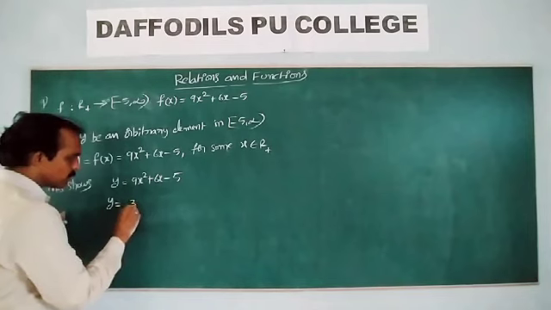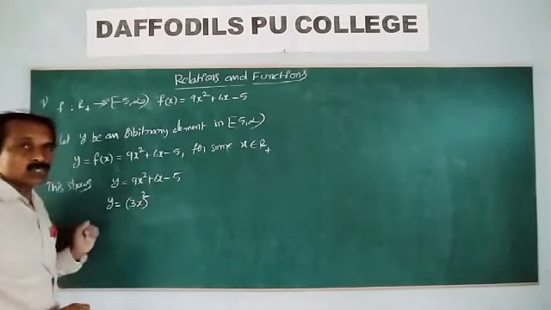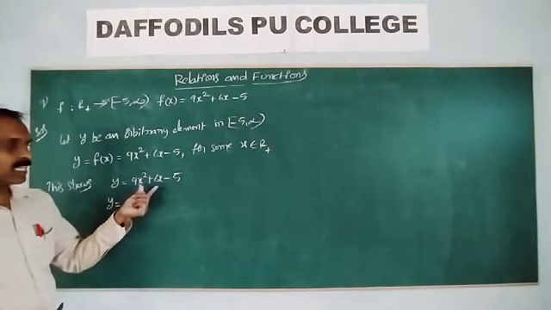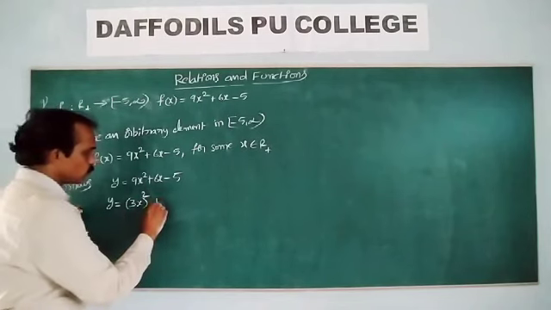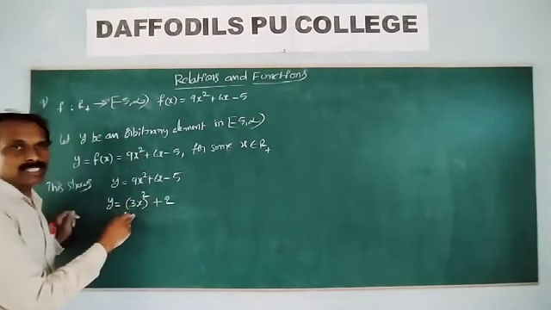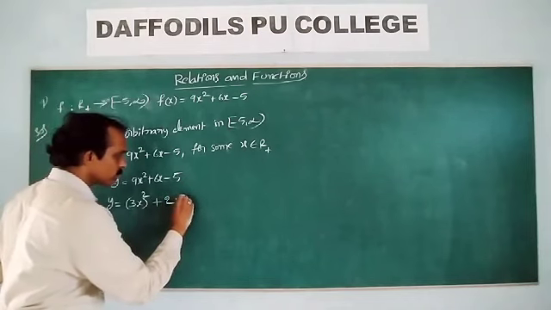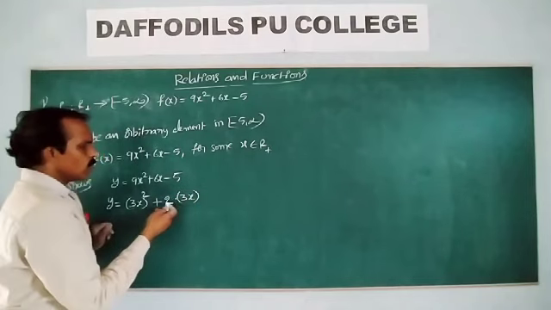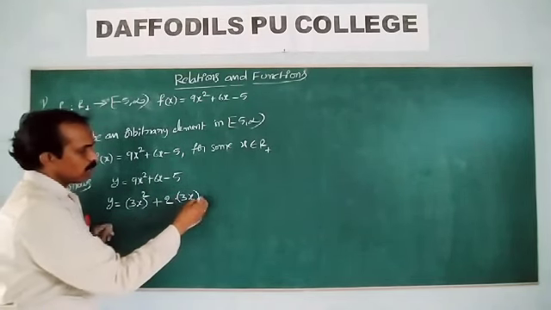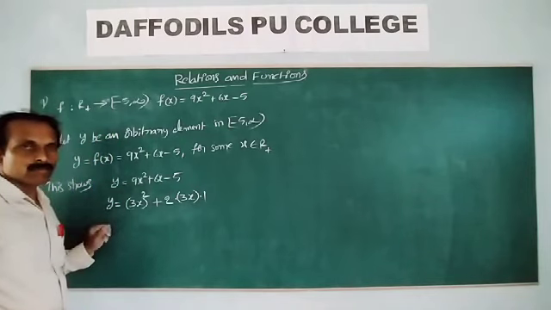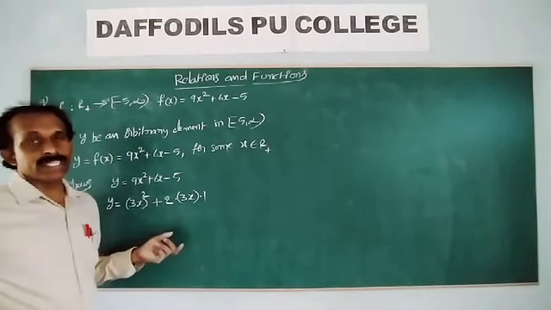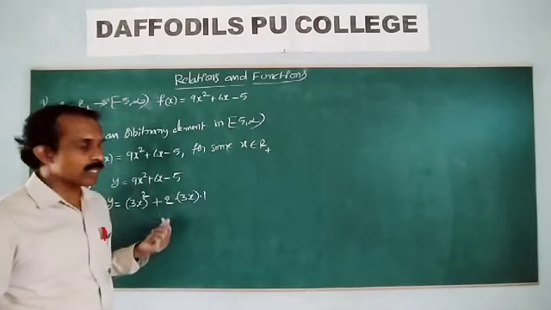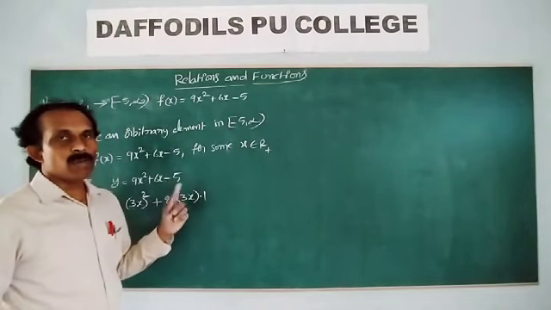9x square can be written as 3x whole square. Without changing the function, 6x can be written as 2ab, where a is 3x and b value is 1. Next, we need the value 1: a square plus 2ab plus b square, where b square is 1.